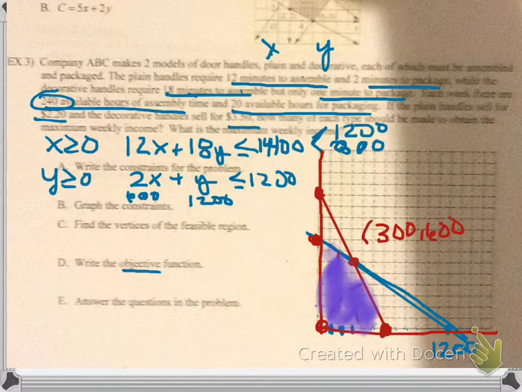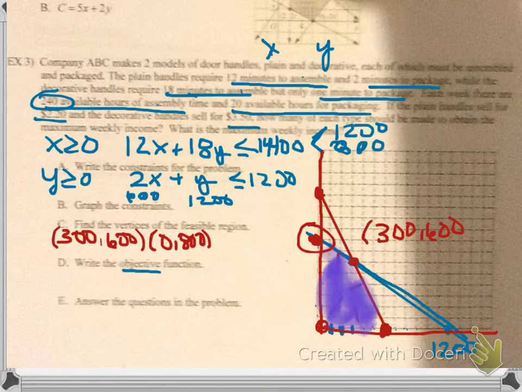So I have these points. Find the vertices of the feasible region. Well, I've got the point 300, 600. I've got the point 0, 800, which is this point right here.